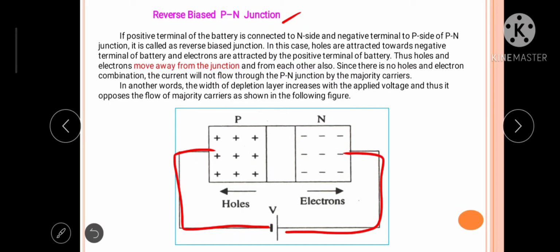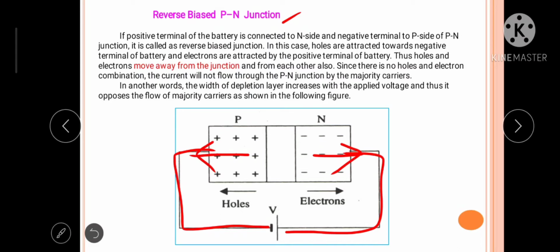In this case, holes are attracted towards the negative terminal of the battery like this, and the electrons from the N side are attracted towards the positive terminal of the battery. Thus, holes and electrons will try to move away from the junction and from each other also.